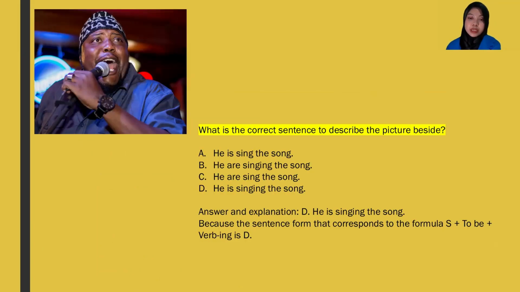Answer and explanation is D. He is singing the song, because the sentence form corresponds to the formula subject plus to be plus verb-ing. The subject he must use to be is, and the verb-ing of sing is singing, and the correct answer is D. He is singing the song.